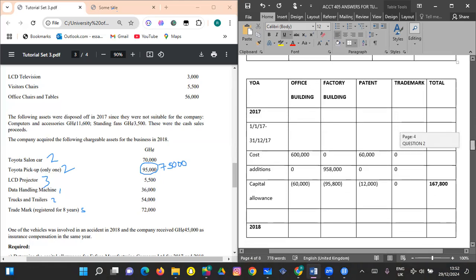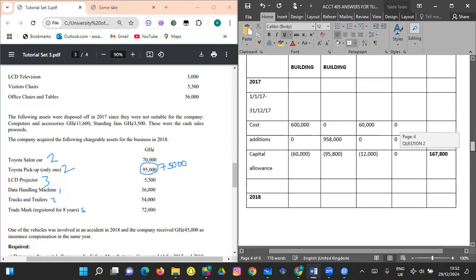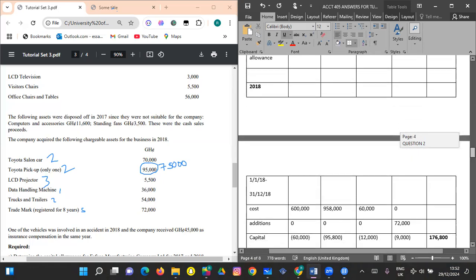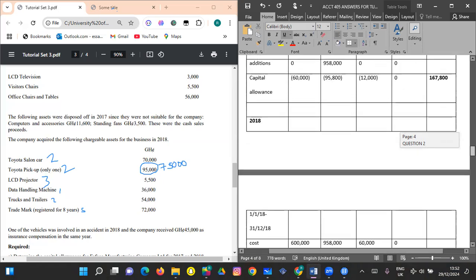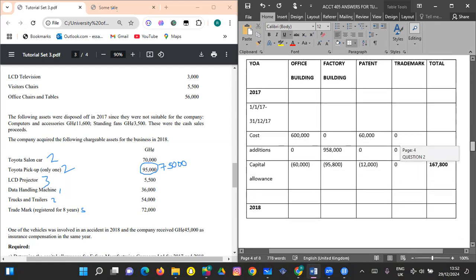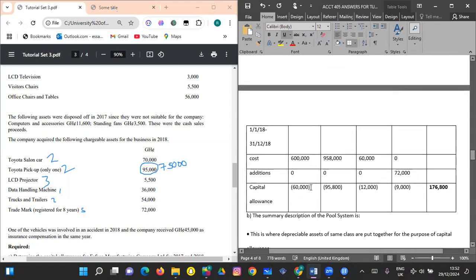So now, office building: nothing was added in the year 2018, so our capital allowance remains the same. Factory building too, nothing was added.